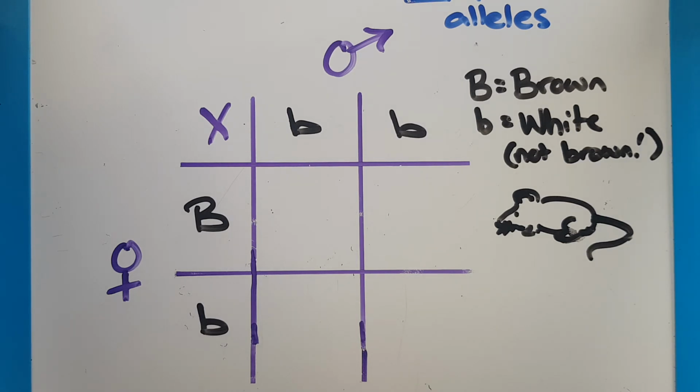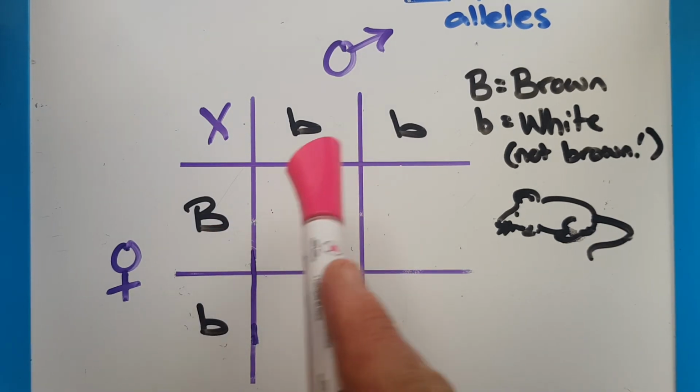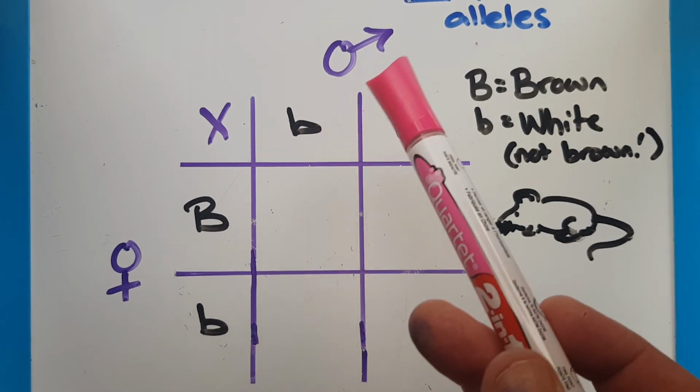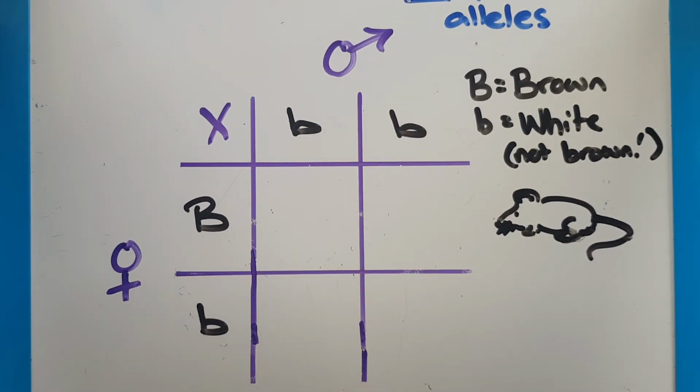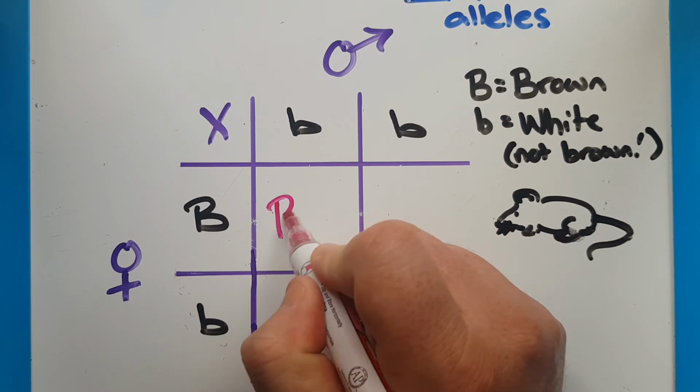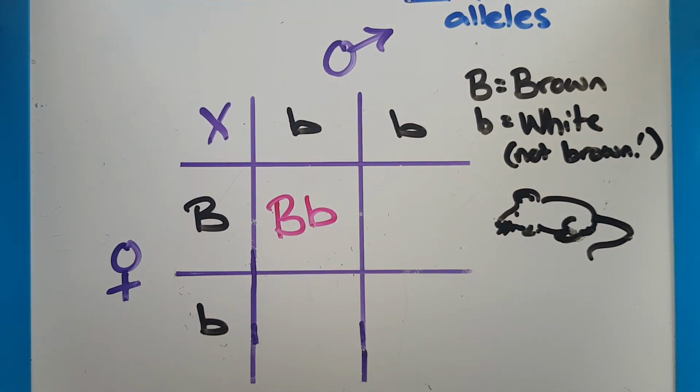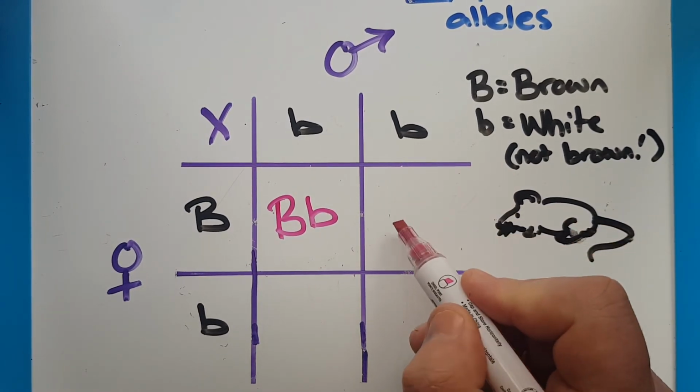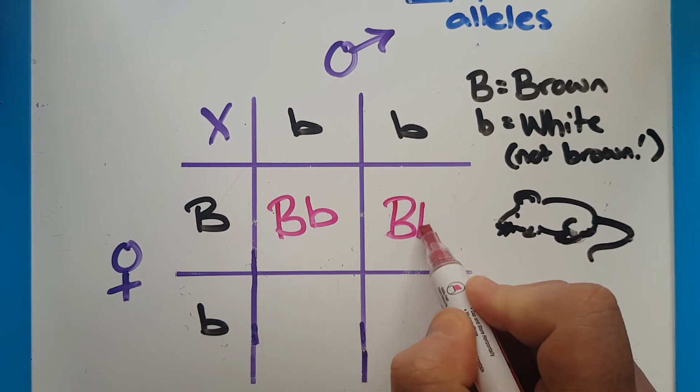But mum, half of her eggs are going to have the big B from meiosis, and half will have the little b. So, if this egg was fertilised by either of these possibilities for sperm, because they're all going to be the same, then we would get a big B, little b as the two alleles to make our new offspring. But if it was this one, it's the same thing, big B, little b.